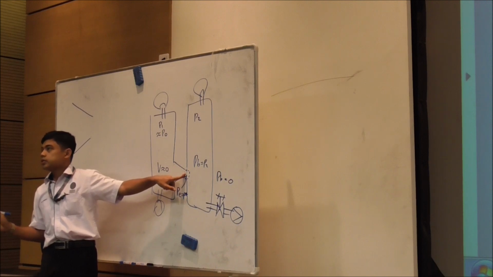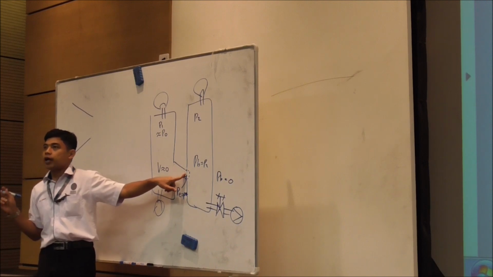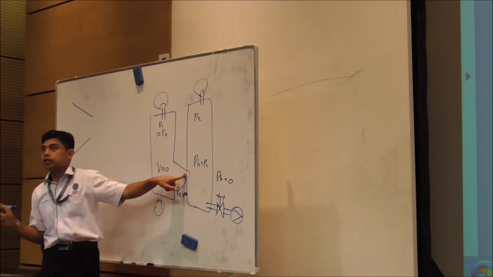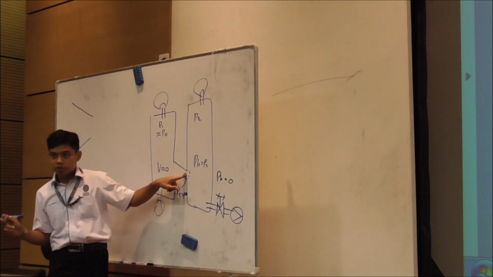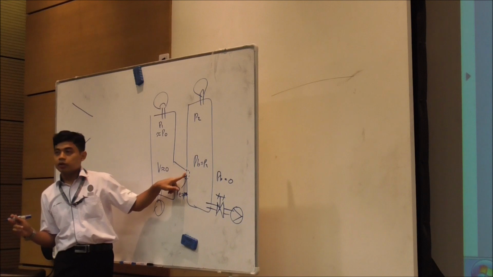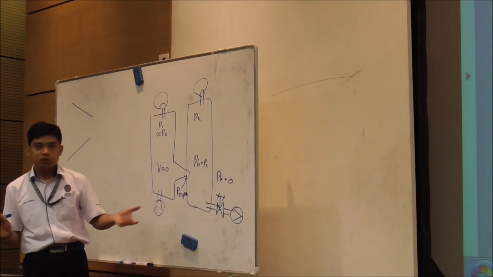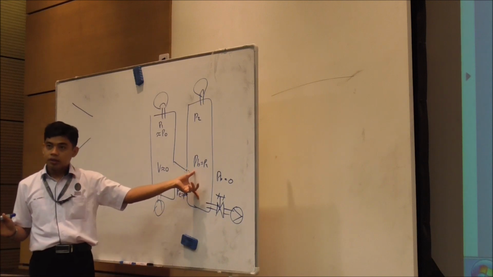Remember that: P star is the minimum pressure you can achieve at the outlet of a converging nozzle, which means the maximum flow rate will also not change.